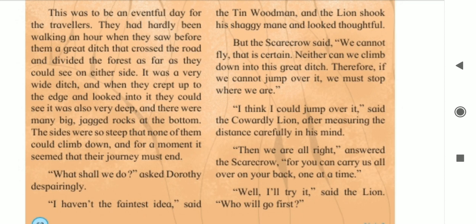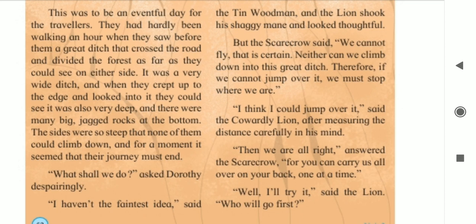Asked Dorothy despairingly. I haven't the faintest idea, said the Tin Woodman, and the Lion shook his shaggy mane and looked thoughtful. But the Scarecrow said, we cannot fly, that is certain. Neither can we climb down into this great ditch. Therefore, if we cannot jump over it, we must stop where we are.